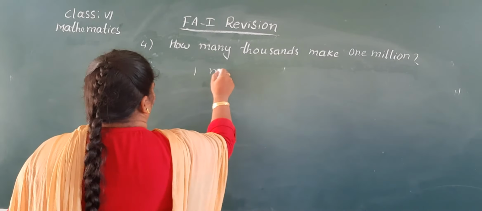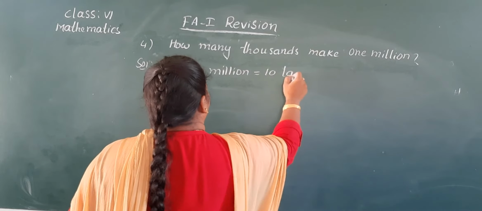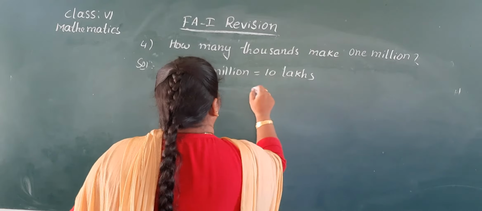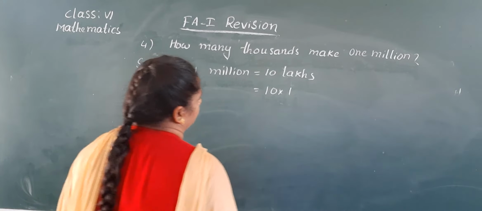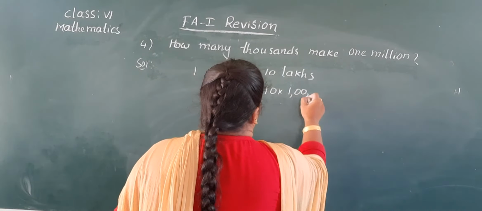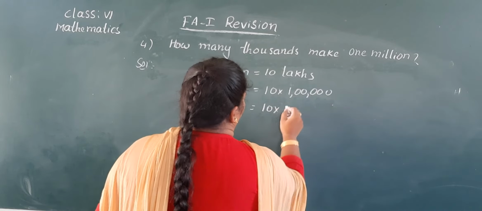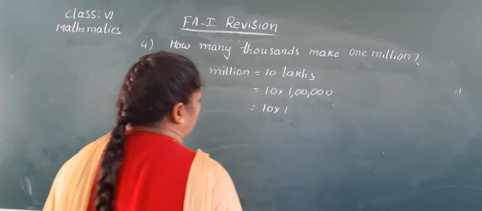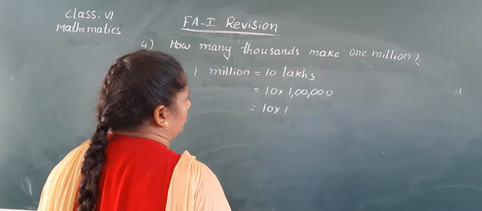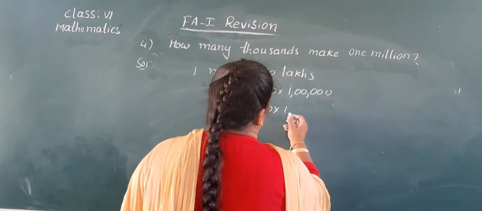You know that 1 million equal to 10 lakhs, isn't it? Write down lakh. Next, in 1 lakh, how many thousands?